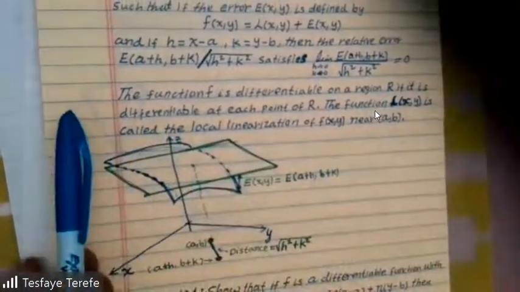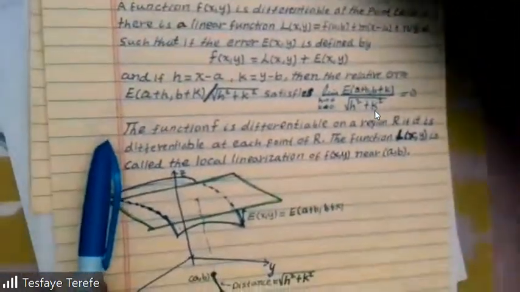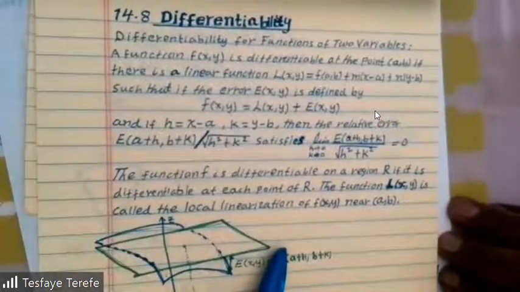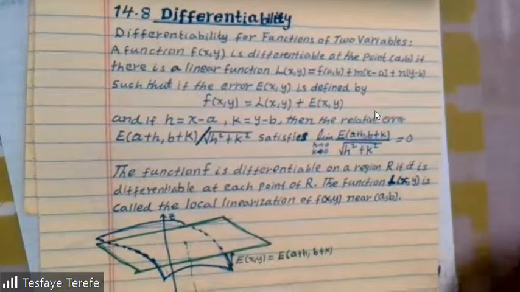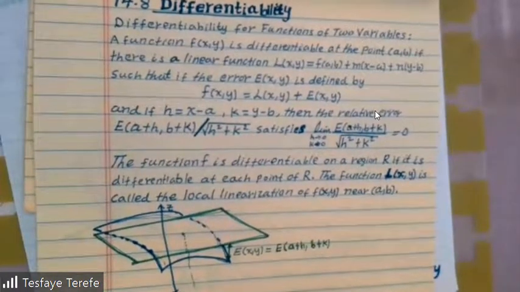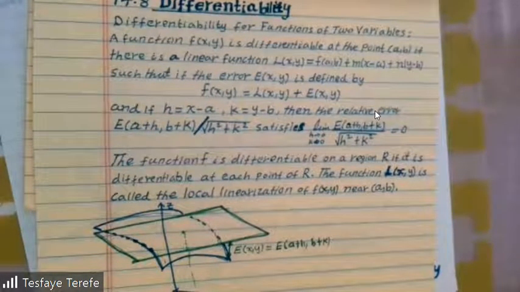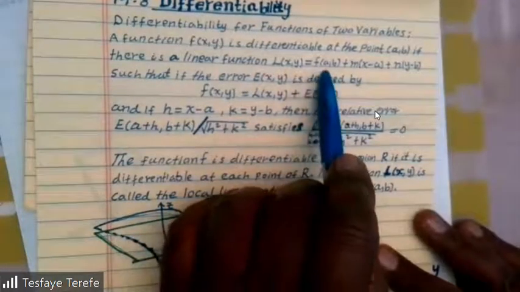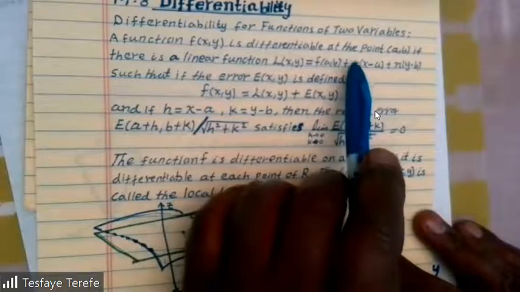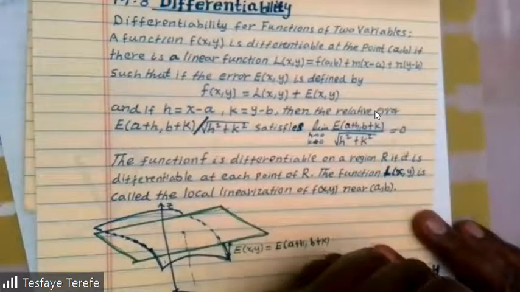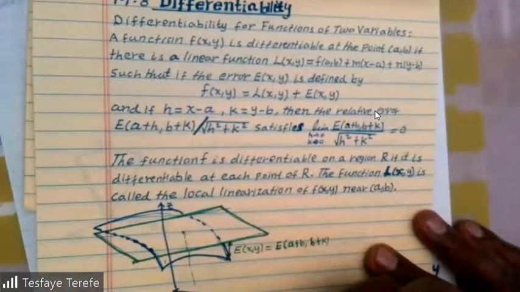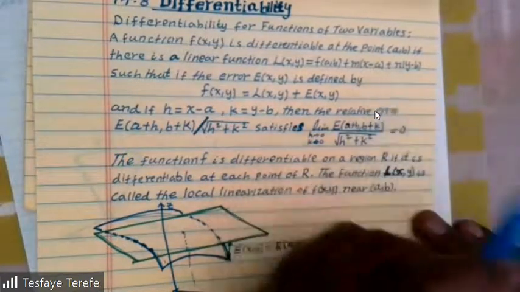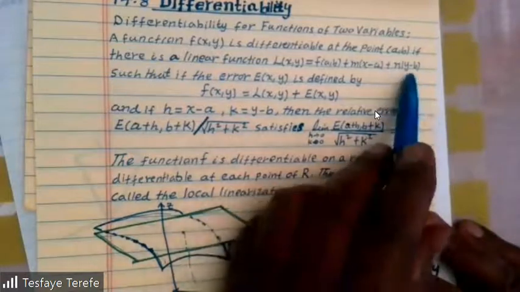So we can use linearization for that matter, if it's differentiable. So, differentiability for a function of two variables. A function f of (x, y) is differentiable at the point (a, b) if there is a linearization L of (x, y), which is f of (a, b), plus m times (x minus a), where m is the partial derivative with respect to x at the point (a, b), plus n times (y minus b), where n is the partial derivative with respect to y at the point (a, b).